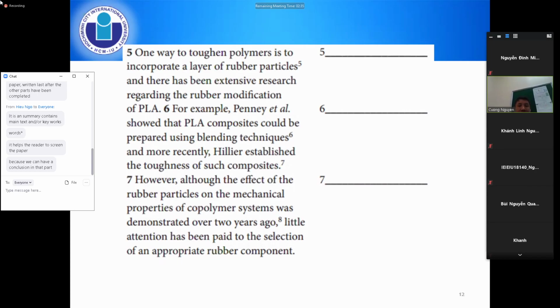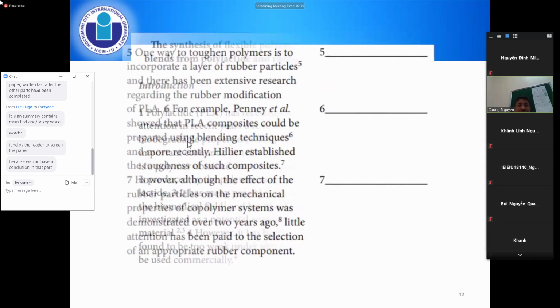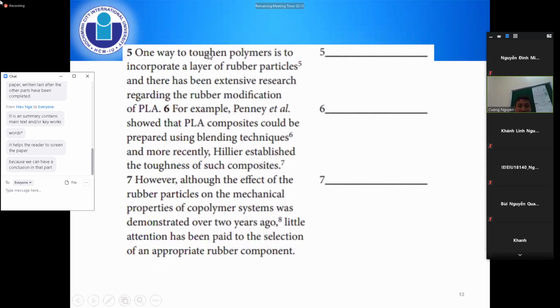So you see number 4 here. They raise a small problem, that is, PLA has been found to be too weak to be used commercially. That is the problem they raise. And now you see weak and toughen.